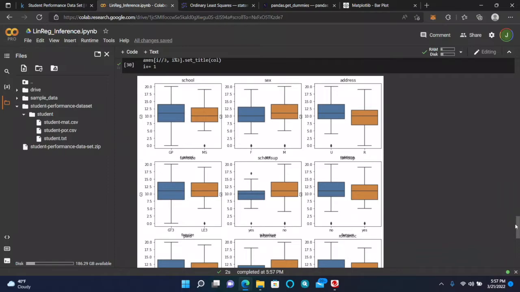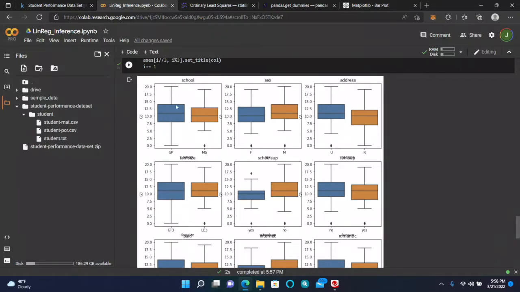Alright, you can see here, school, between the two of them, it's not that different. Sex, between the two of them, it doesn't look that different either. Address, what we're really looking for here is signs that the variance is very different between the two groups.